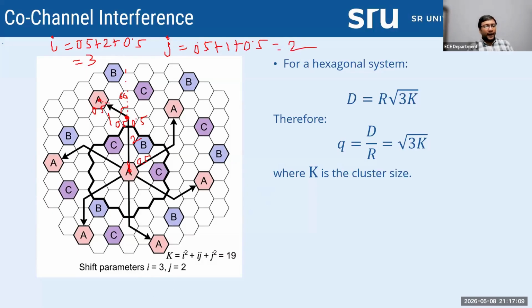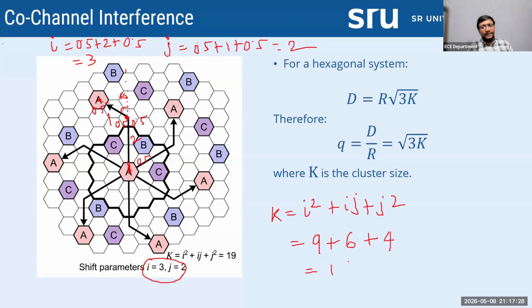So the value of I is 3 and J is 2. So the value of K is I square plus IJ plus J square, which is 9 plus 6 plus 4. So the value is 19.